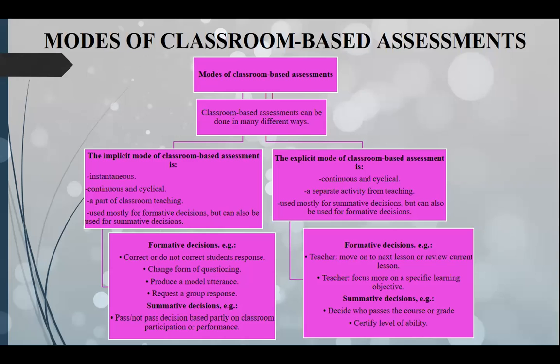The implicit mode of classroom-based assessment is instantaneous, continuous, and cyclical, part of class teaching, and used mostly for formative decisions, but can also be used for summative decisions. In formative decisions, for example, correct or not correct students' response, change form of questioning, produce a model utterance, request a group response.